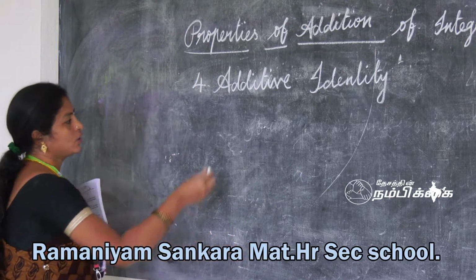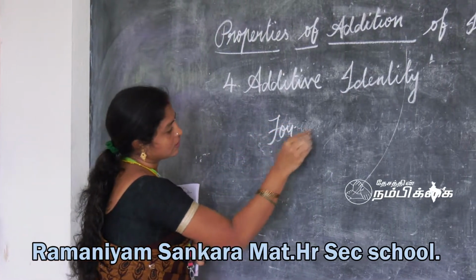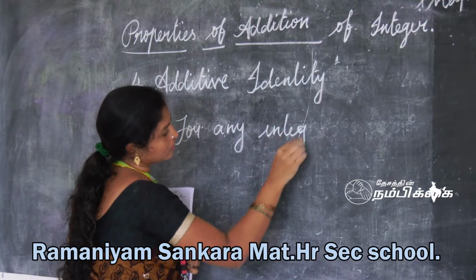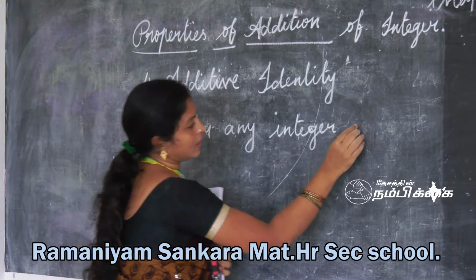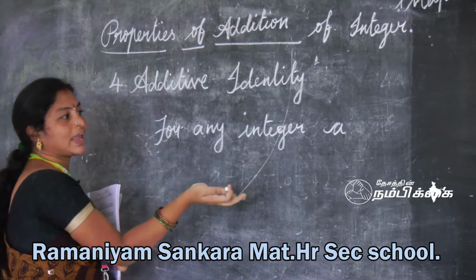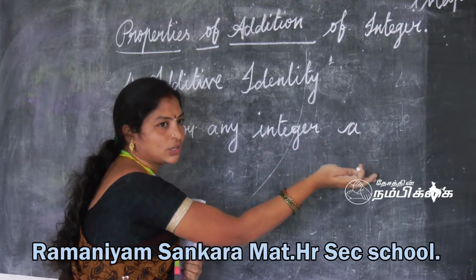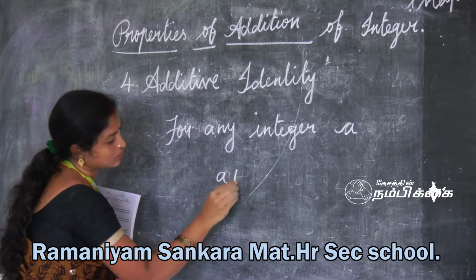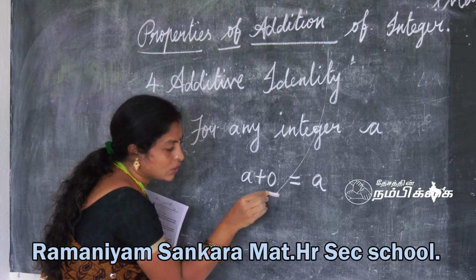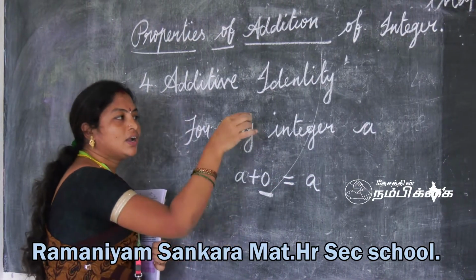For example, for any integer a, if I add a plus 0, it is equal to a. So this 0 is the additive identity.